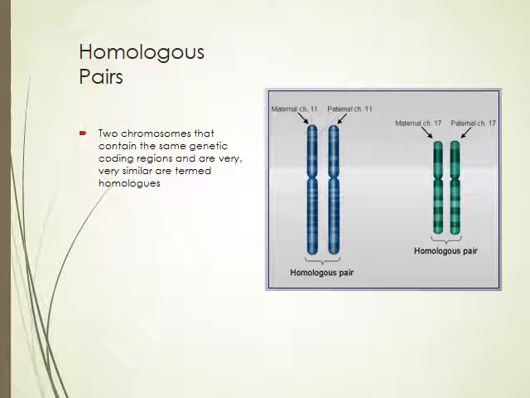When you inherit these pairs, if those pairs look very, very similar to each other, they contain the exact same coding regions, they are termed homologs, or homologous pairs. Important term to know. So if I was to have one chromosome, and it had circle, triangle, square, in another chromosome, it would still have a circle, but it might be slightly different.